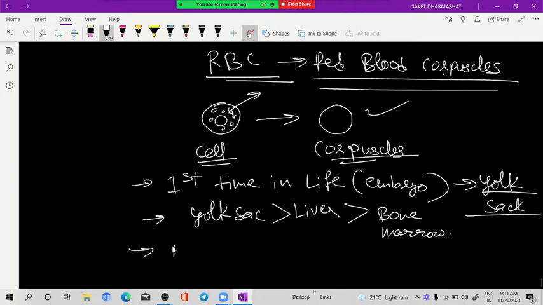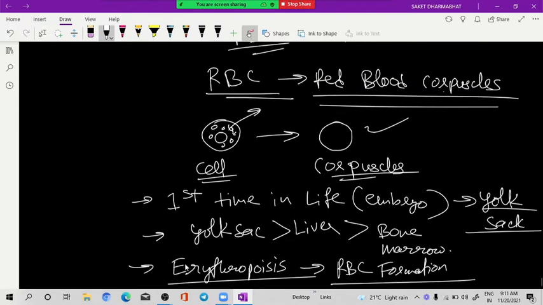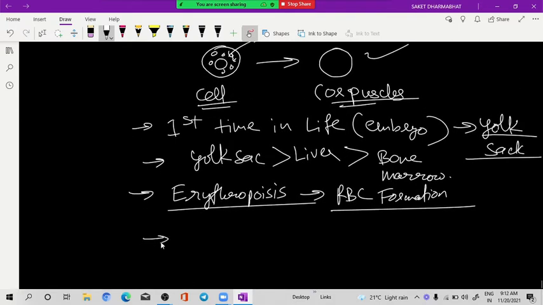What is the meaning of this word? Erythropoiesis. The process of formation of RBC is called as what? Erythropoiesis. Clear or not? Okay. So first of all, we will talk about the shape of RBC.